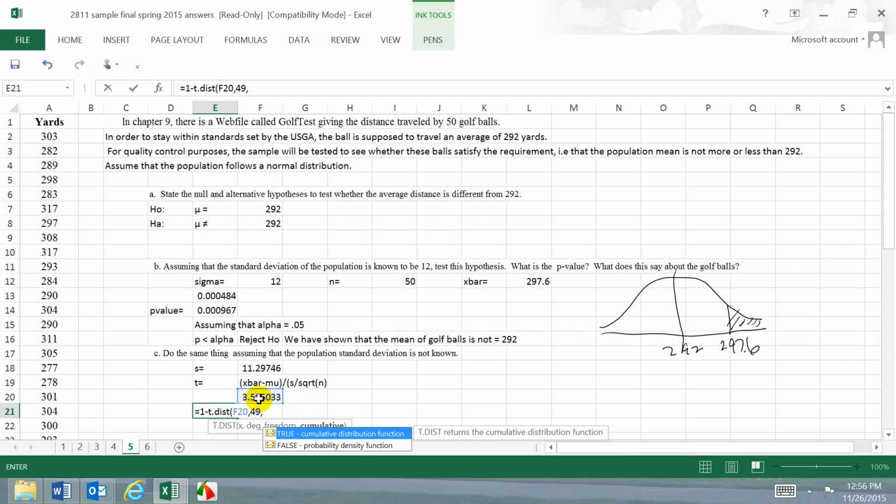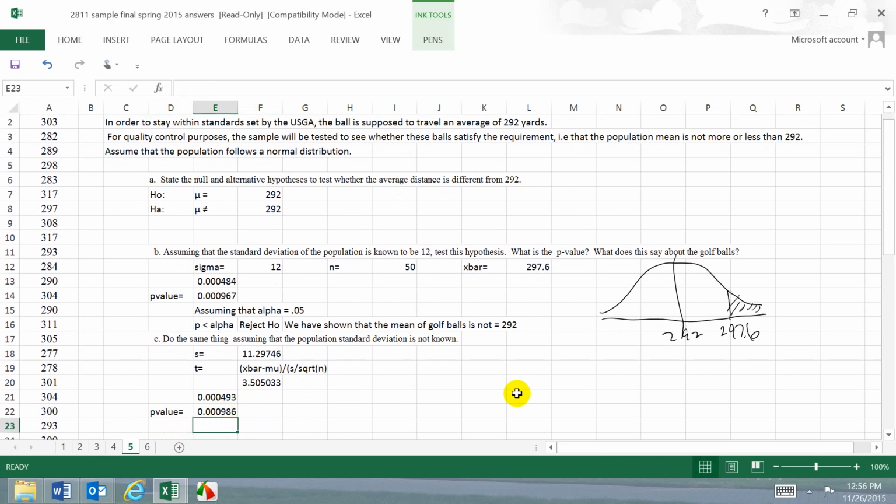And again, we're always going to do true, as in the case of the normal distribution. So that's the shaded in portion. But again, since it's a two-tailed test, I have to multiply it by 2, so the P value ultimately is equal to 2 times that.